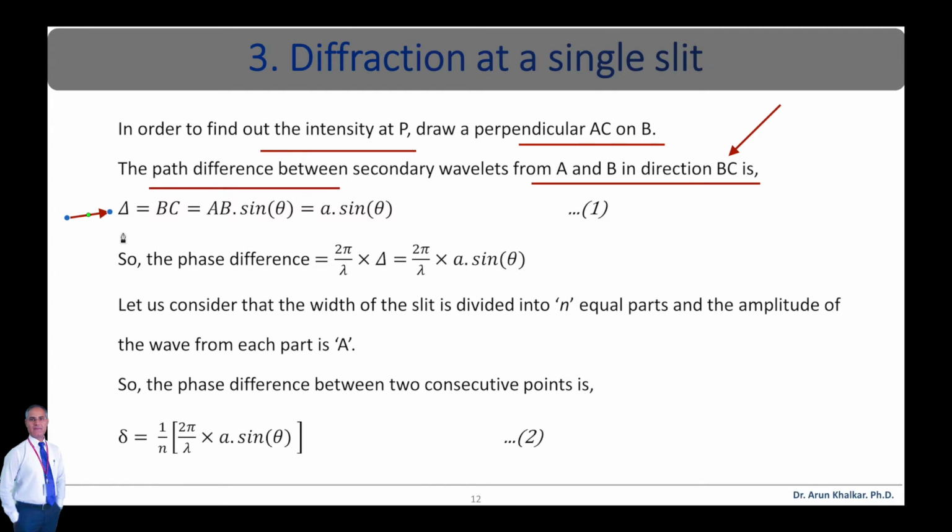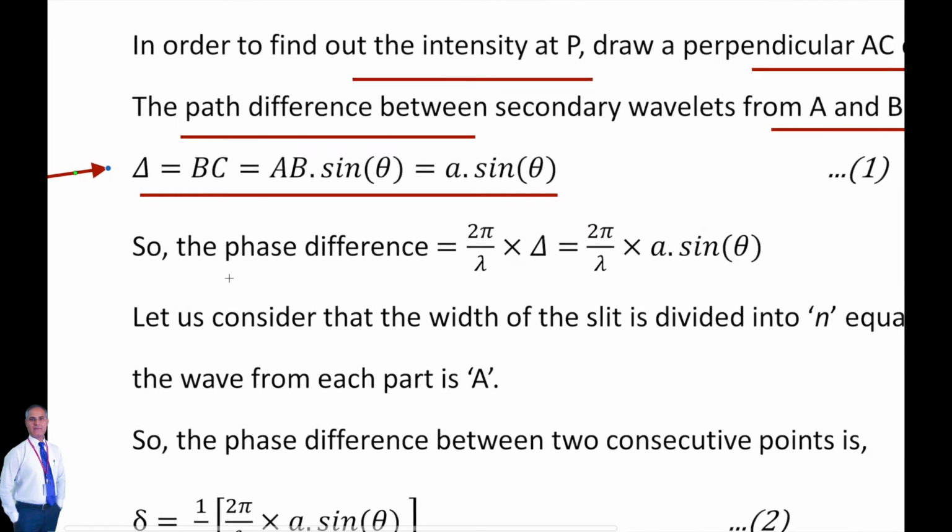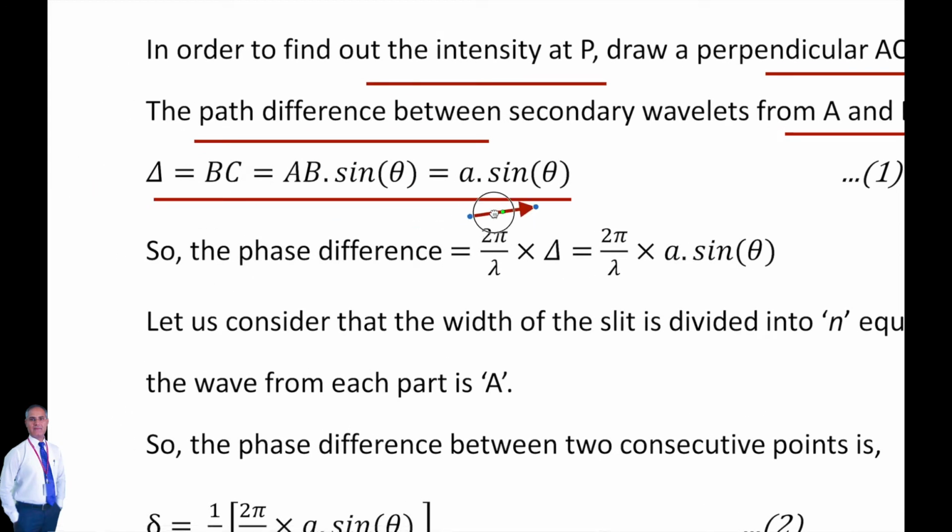But the length AB is nothing but the width of the slit, and the width of the slit we have considered as small a. So we can write delta is equal to small a into sine of theta, where theta is nothing but the angle of diffraction. So this is equation number 1.